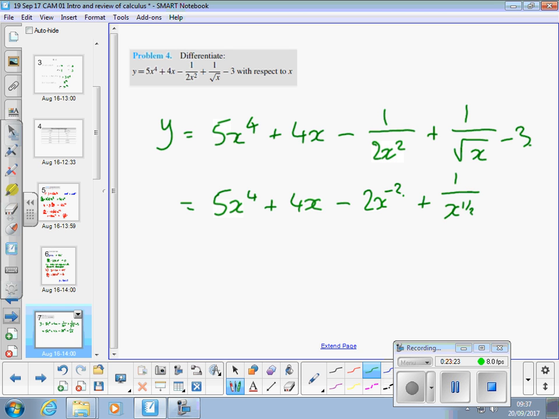So therefore, I've got to write x to the minus a half. Yep. Okay. Now differentiate it.